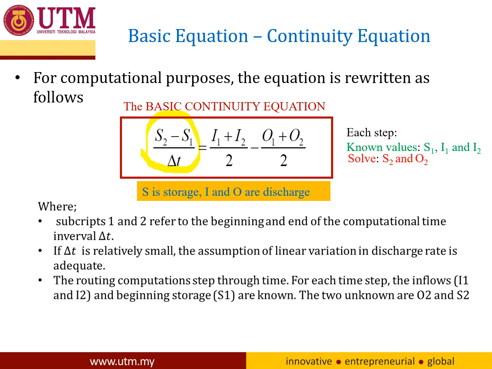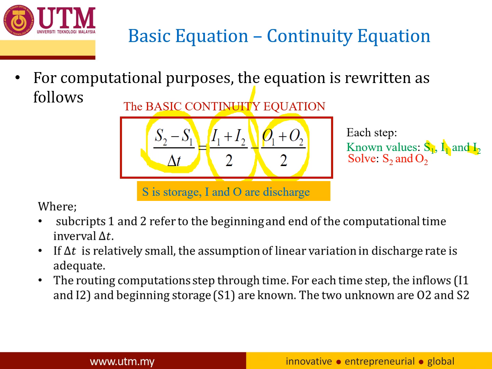Here we have the change of storage on the left hand side, and on the right the difference between the average inflow and the average outflow. Remember that I told you for routing we need to have the inflow information. That means we know I1 and I2. We know I1, I2, I3, I4, I5, all the inflow values over time. And we know the first storage volume S1, at the beginning of the calculation.